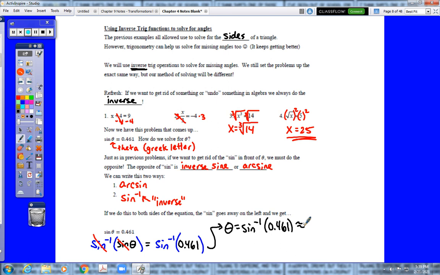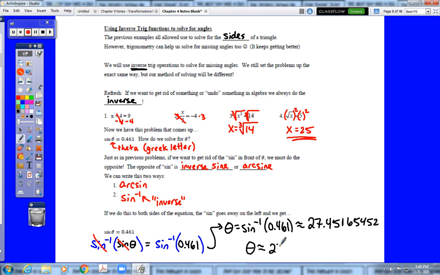The calculator will then look up the angle measure that has that sine value, which is 27.45 and so on. So we would say theta is approximately 27.5 degrees, somewhere in that area. Okay? Again, the rounding is only important if the directions tell us how to round. Otherwise, as long as we round correctly, it doesn't matter how many places we round to.